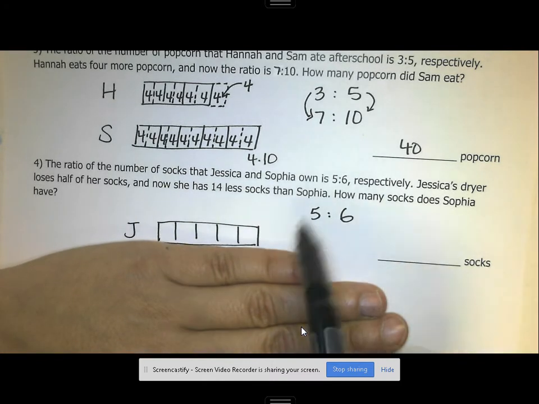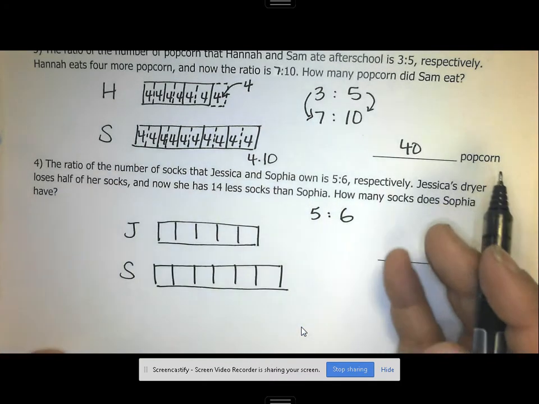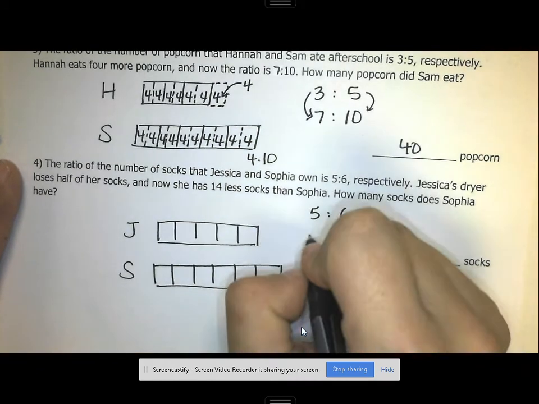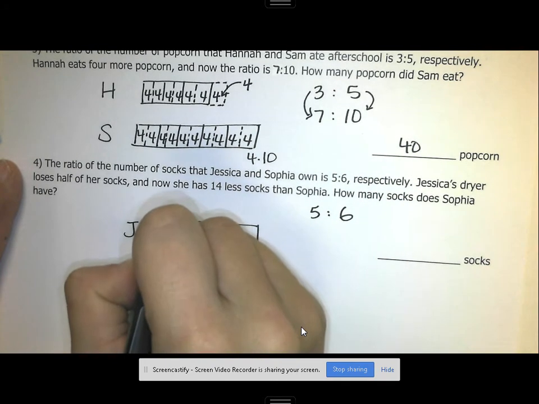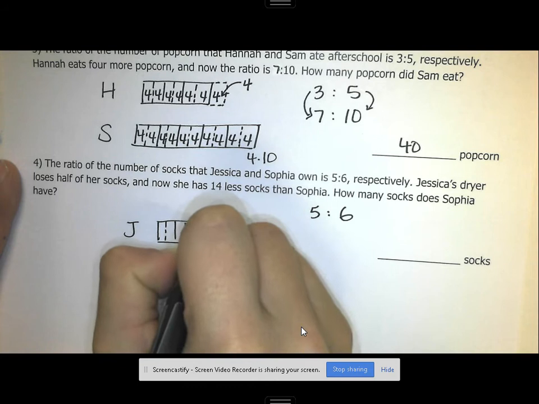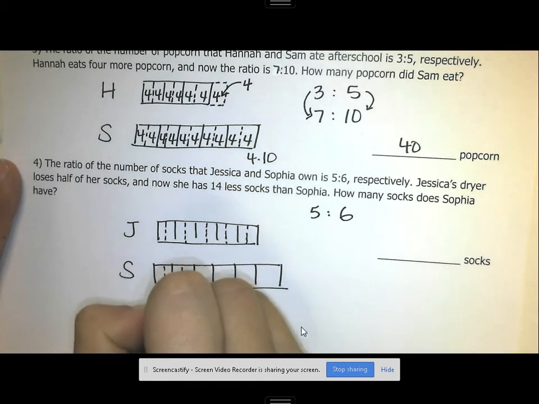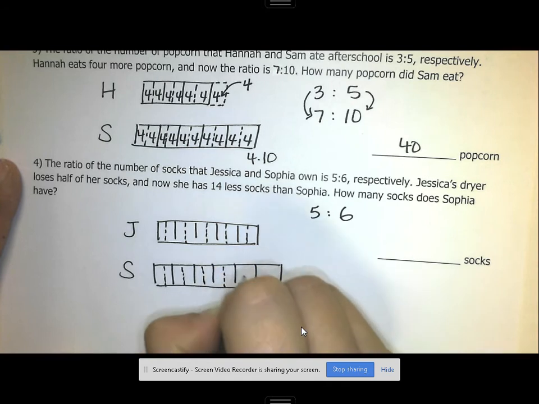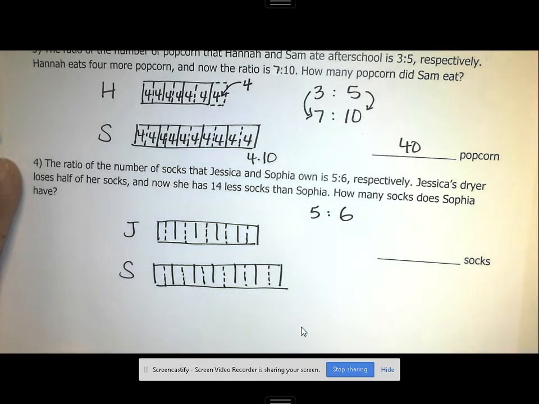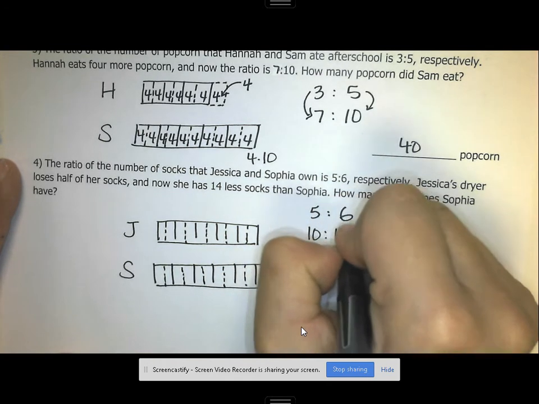But Jessica has 5 boxes, and you can't really cut 5. So what I'm going to do is change all of these boxes and split them in half for both ladies to make the exact same ratio, 10 to 12.